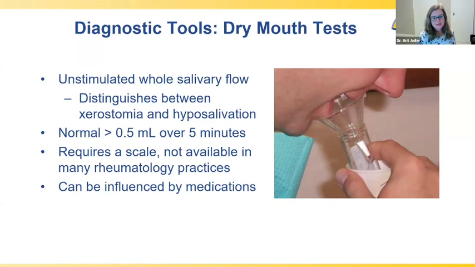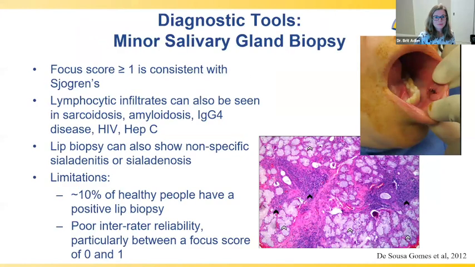And so in that sense, it actually is not particularly helpful, but it still can be an important part of diagnosing Sjögren's. And the other limitation of this test is that it can be influenced by medications. So if you're on antihistamines or anticholinergics, this can reduce your saliva flow and lead to an abnormal test.